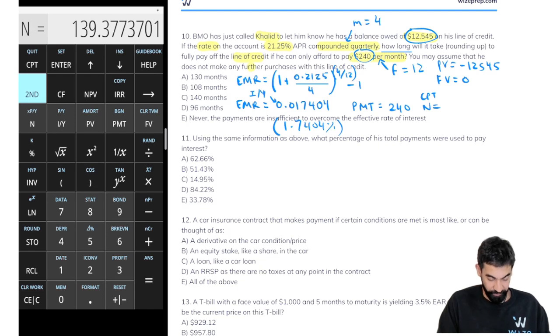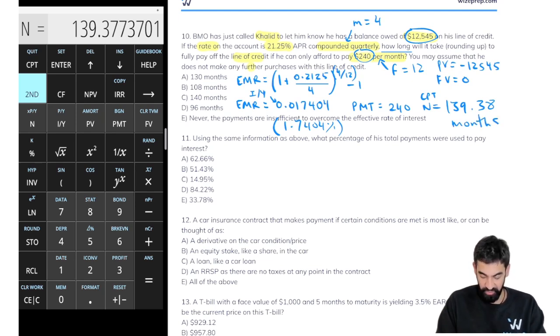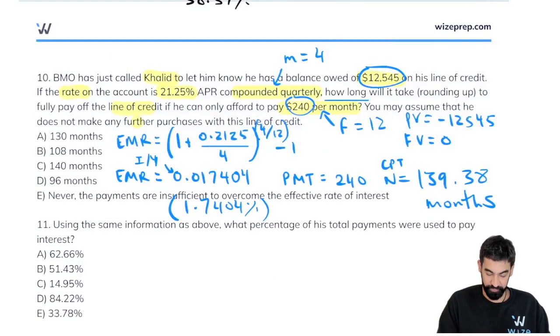Compute N. That gives me 139.38. And they said per month, so that's monthly payment, so that's the number of months. But they said round up. So that means you would round it up to 140 months. Because 0.38 of a month, you wouldn't have paid it off in 139 months. You have to make at least 140 payments to pay it all off.